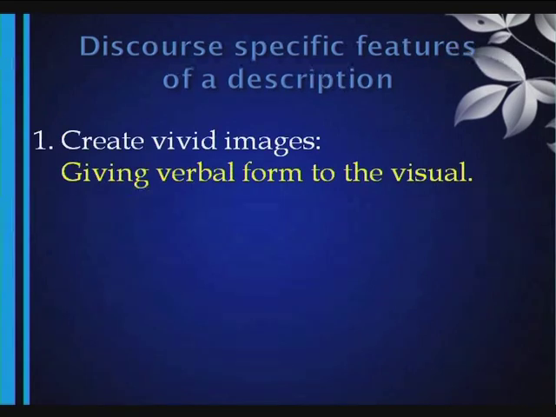Create vivid images. Children, while describing, you need to create an image in the minds of the readers. That is, you need to give the verbal form to the visual form. The reader should be able to visualize what you are making them imagine.